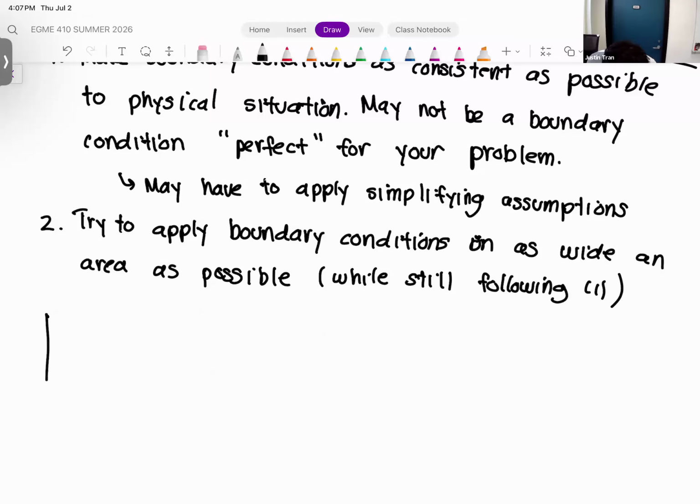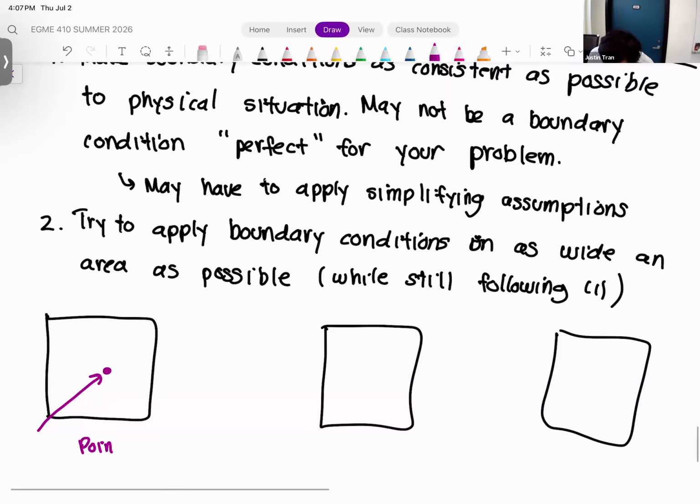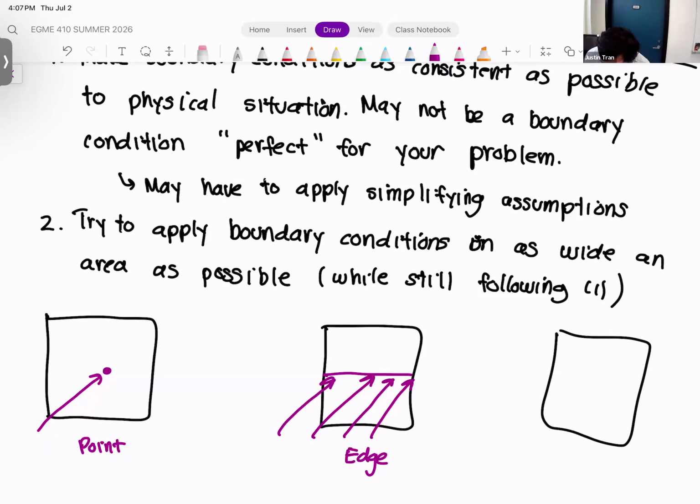So let's say that you have a surface here, where you have the option of either applying that single force on a single point, or applying it on an edge, or applying it across the entire surface, granted that it's consistent.